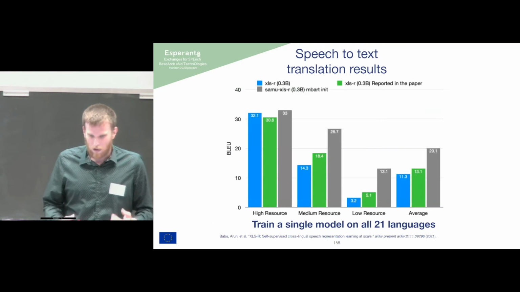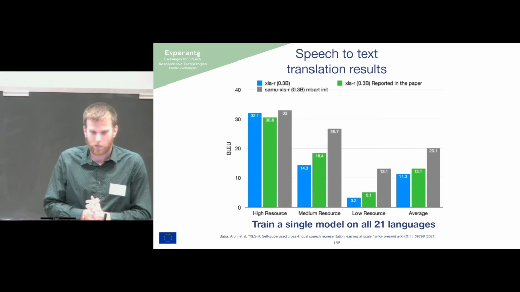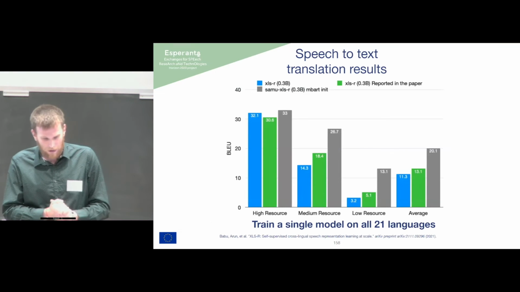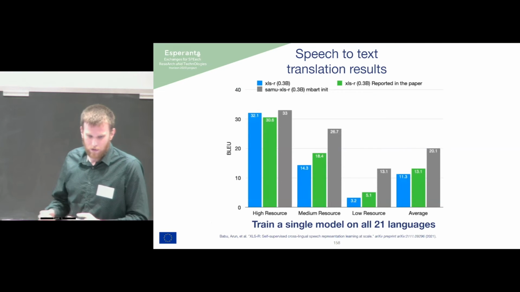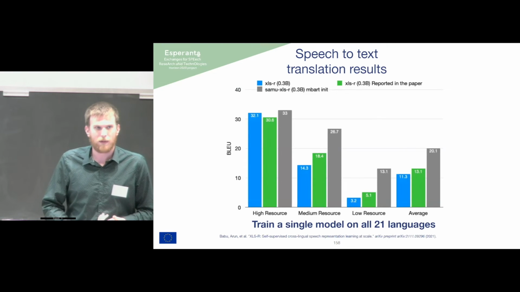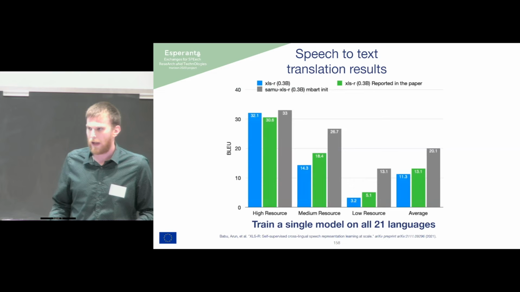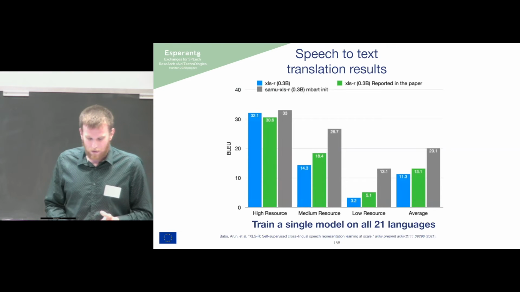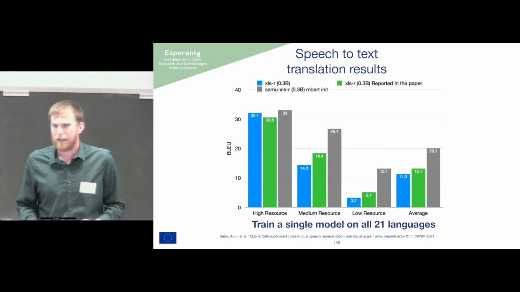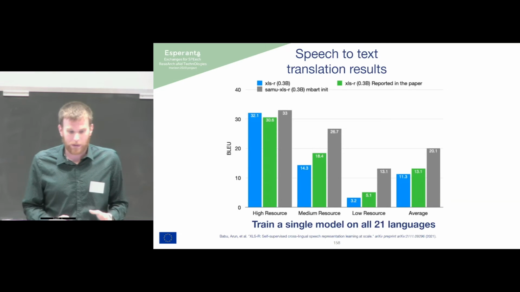So I will now show you our results on the speech-to-text translation task first. Let me first explain what you are seeing here. We are measuring our performance in BLEU score, so the higher the better. And we are also considering 3 different sets of experiments. In this first one, we are training a single model.